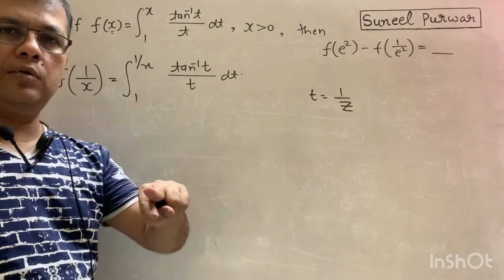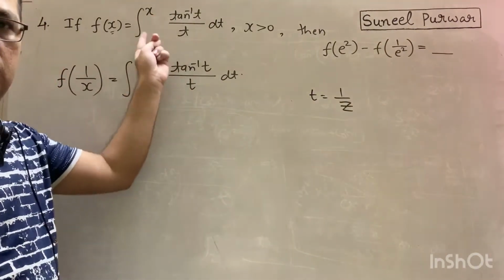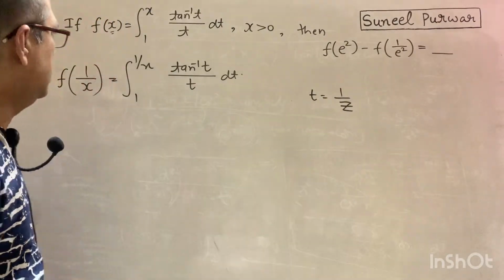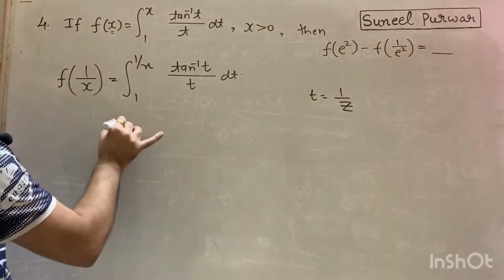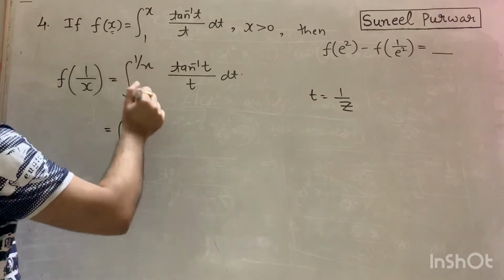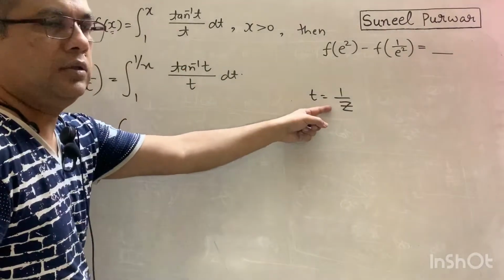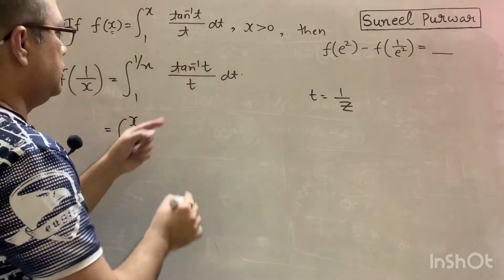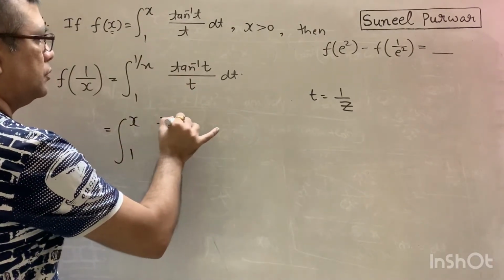So we can get our old limits back, 1 and x. The old limits we will get back if we take this substitution. So it is equal to, when t is 1 by x, z value is x only. As I have explained, this is 1. And this becomes tan inverse of 1 by z.